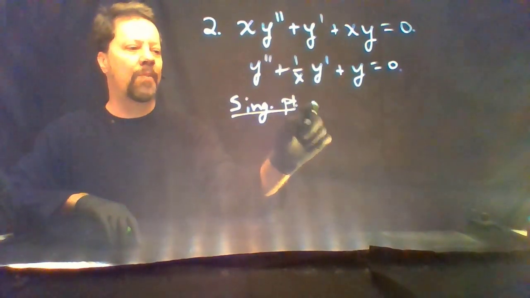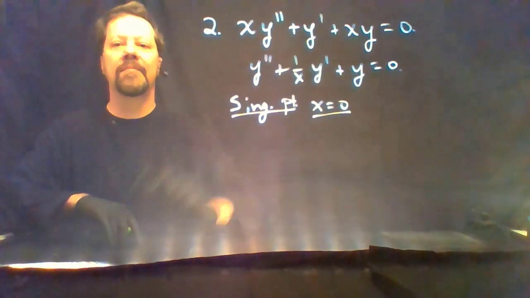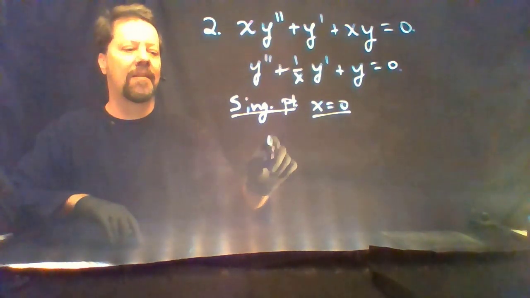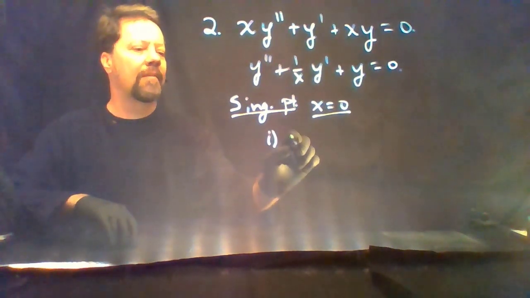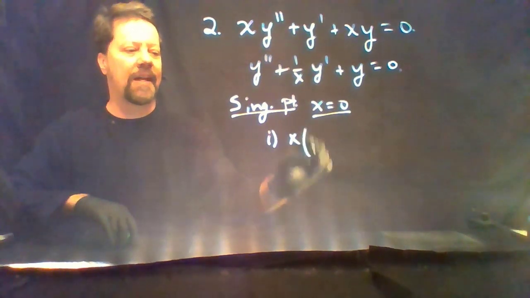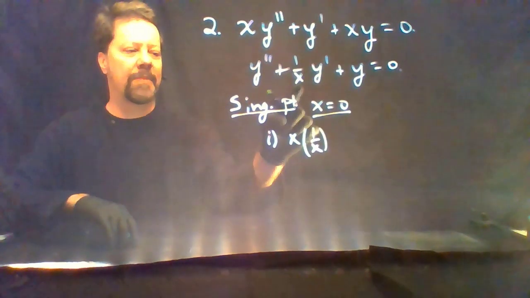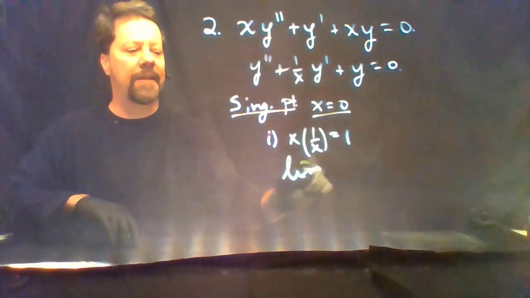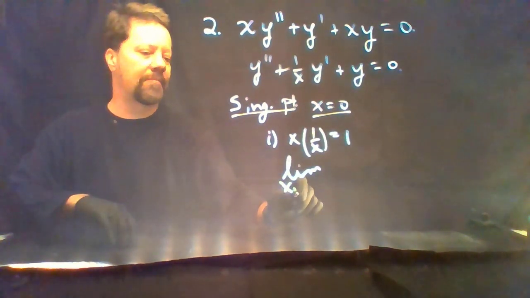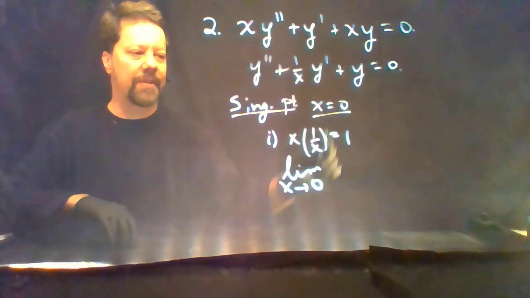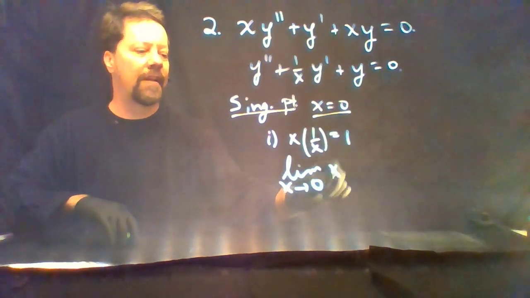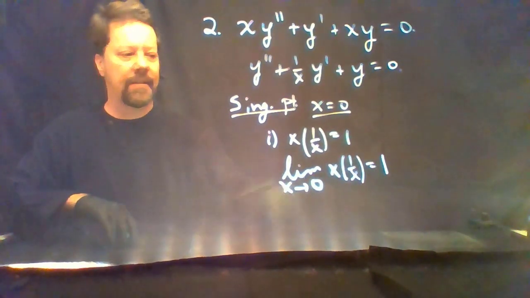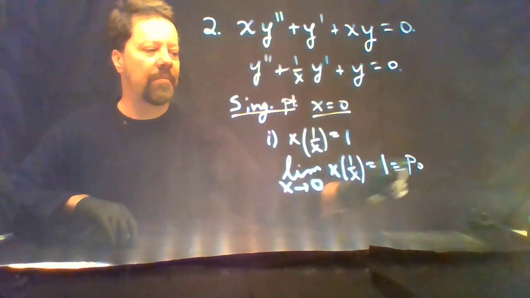There is a singular point at x = 0. Let's check and see if it is a regular singular point. (x − 0) times 1/x, that's our p(x), is 1. It follows then that the limit as x goes to the singular point 0 of x times 1/x is 1. And that's called p₀.